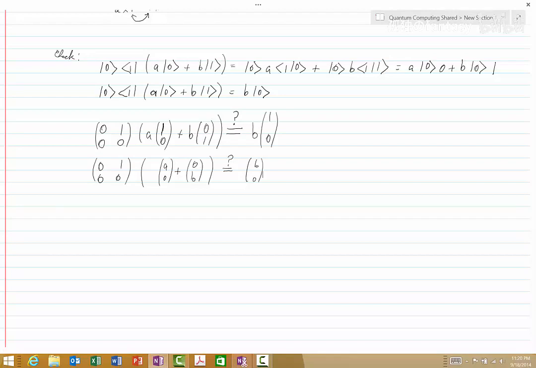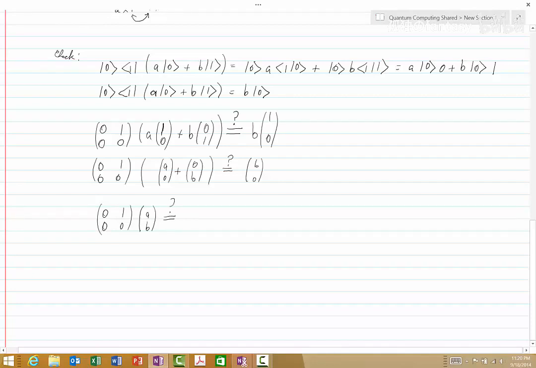Now it's not perfectly clear yet if this is correct or not, so let's go one more step. In fact, a couple of more steps. So we have 0, 1, 0, 0. And now when we add the column vector A0 to the column vector 0B, we get the column vector AB.